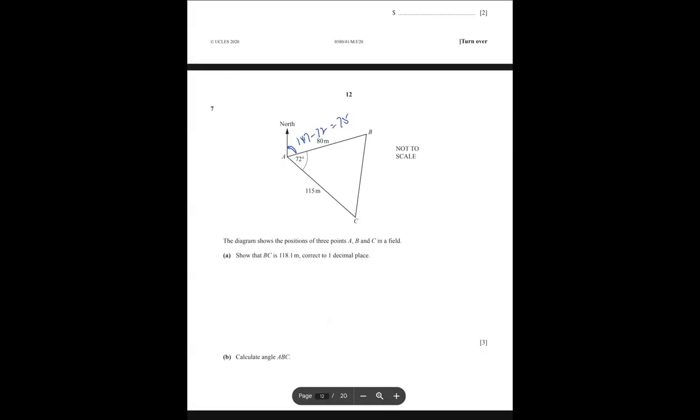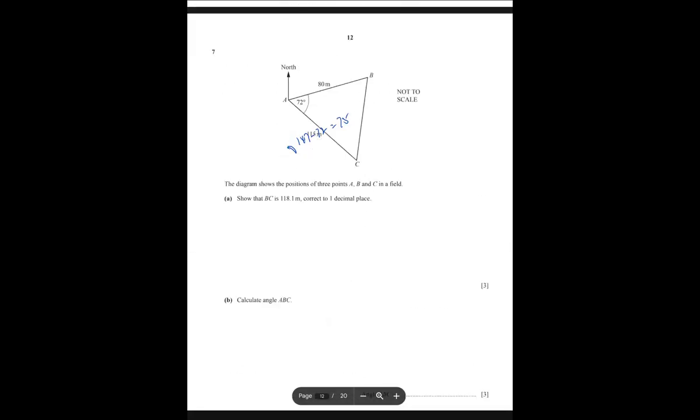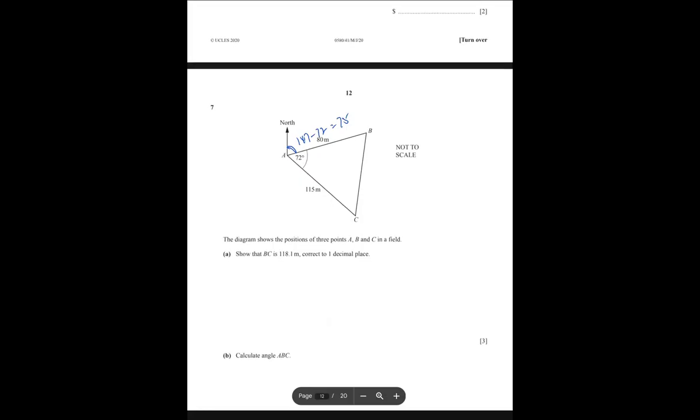Let me go down. Find the bearing of A from B. A from B means I draw my compass at B. A from B, draw a compass here. Then I'm trying to find this angle here.